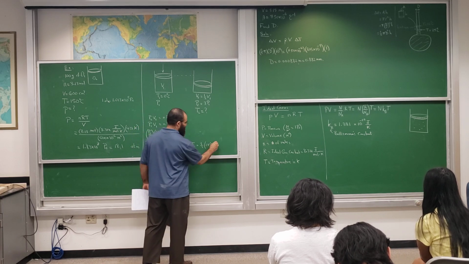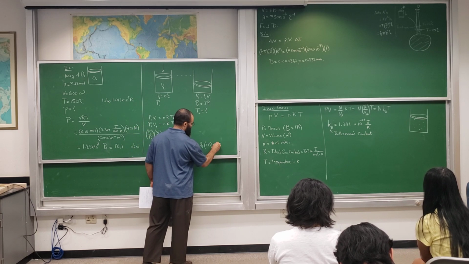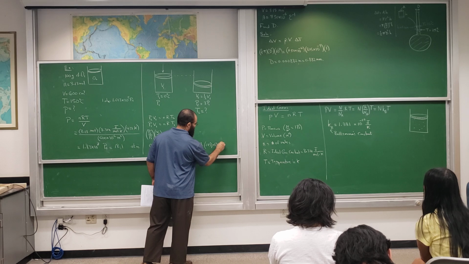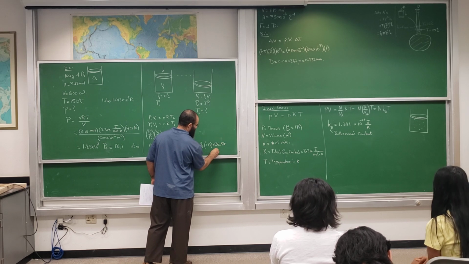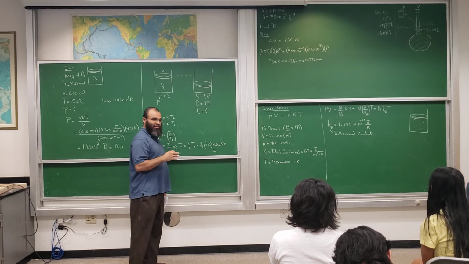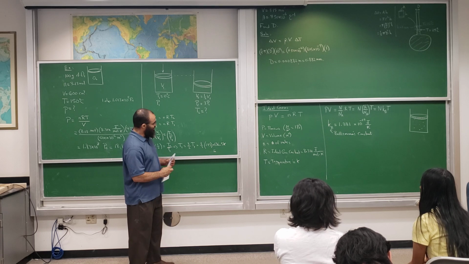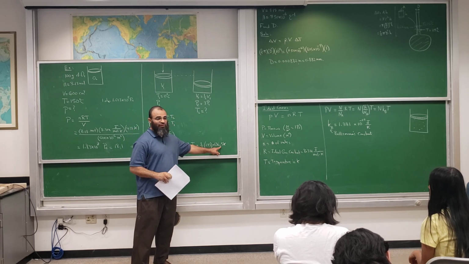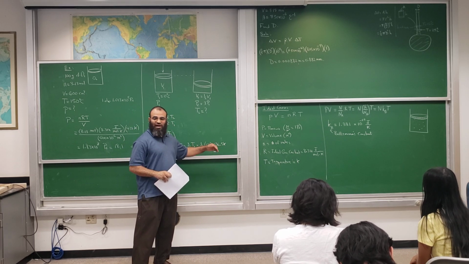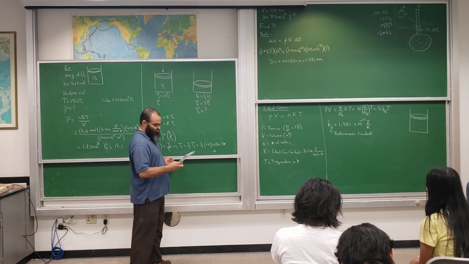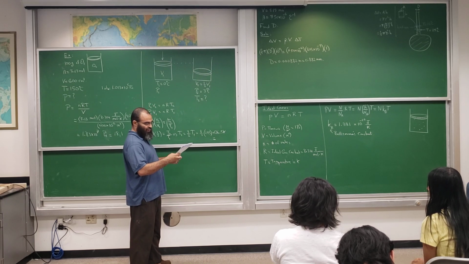Half of 273 is 136.5 Kelvin. And now, if you want to go back and write it in degrees Celsius, what do you do? Subtract 273.